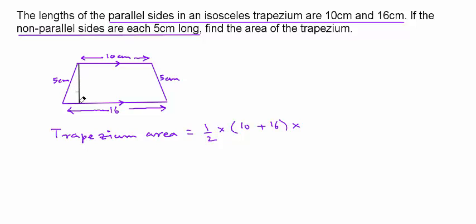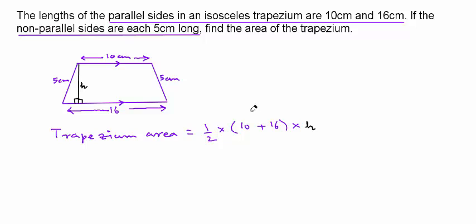The length of this line is actually the distance between the two parallel sides, provided this is a 90 degrees. And if that's a 90 degrees, we have another 90 degrees on the other side because the two angles are on the same straight line. Now if you call that h the height, we need to find that out in order to find the area of the trapezium.